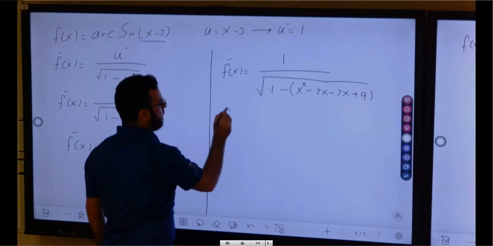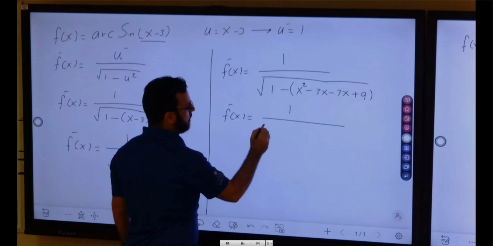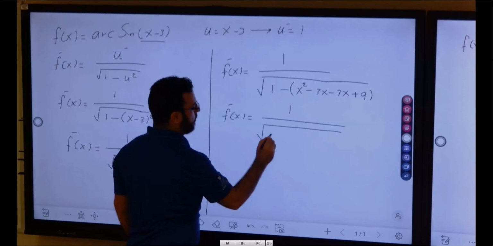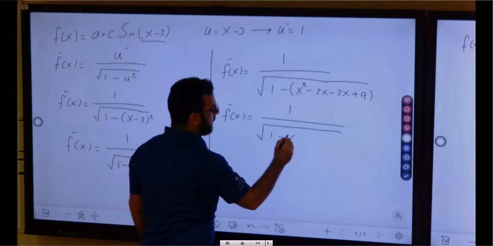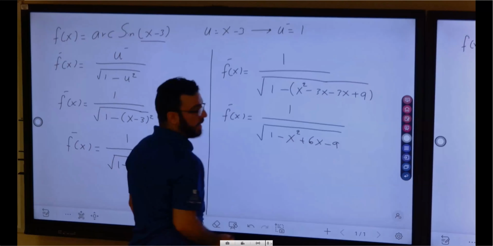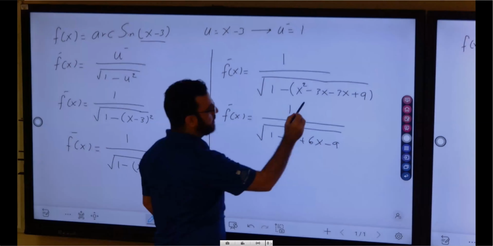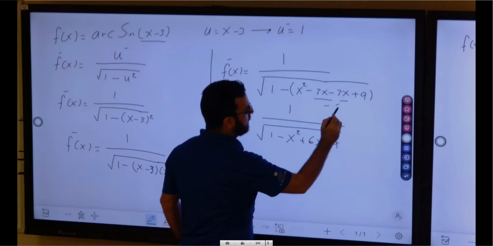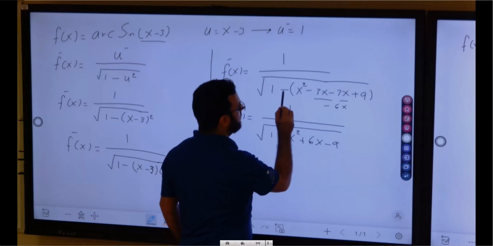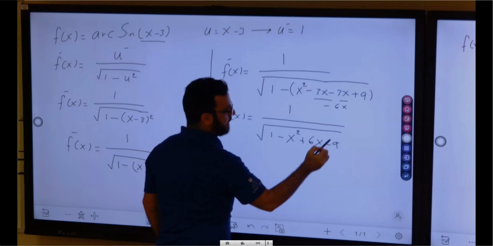So f prime of x equals 1 over the square root of 1 minus (x squared minus 6x plus 9). Is that right? I combine these together, it's negative 6x. Then I distribute the negative sign, so it's negative x squared plus 6x minus 9.